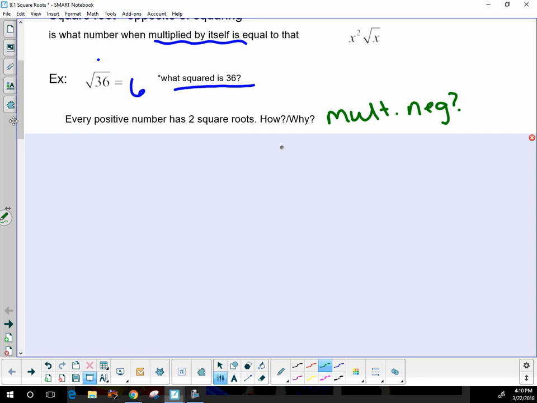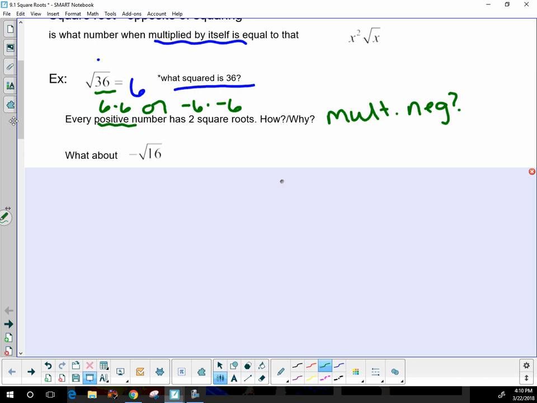Hopefully you have it. This could be 6 times 6 or negative 6 times negative 6, because you know that a negative times a negative equals a positive. So every positive number, not even just a whole number, but every positive number has 2 roots, okay?